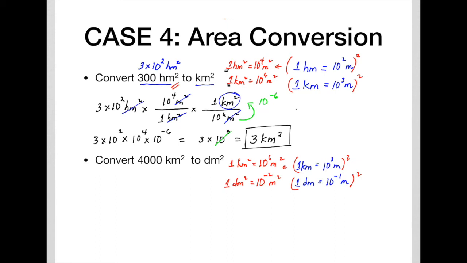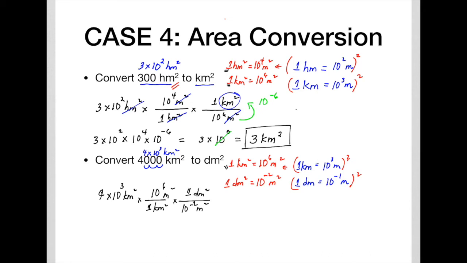Next, convert this into a scientific notation. That would become 4 times 10 raised to 3 kilometer square. Therefore, we have now 4 times 10 raised to 3 kilometer square times this one. We have now 1 kilometer square, that is 10 raised to 6 meter square, times 10 raised to negative 2 meter square, and then 1 decimeter square.